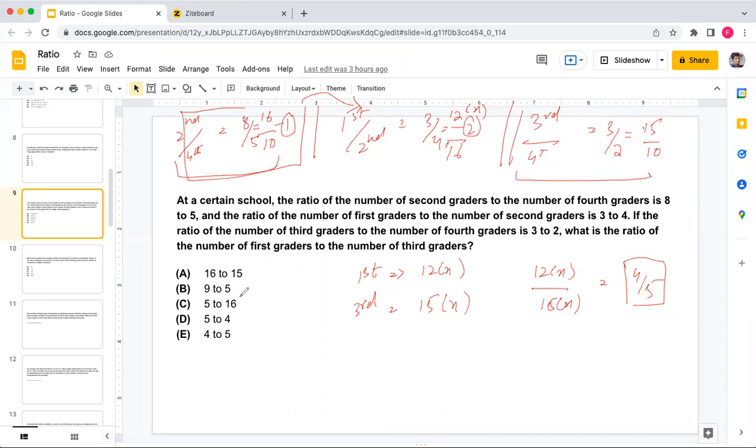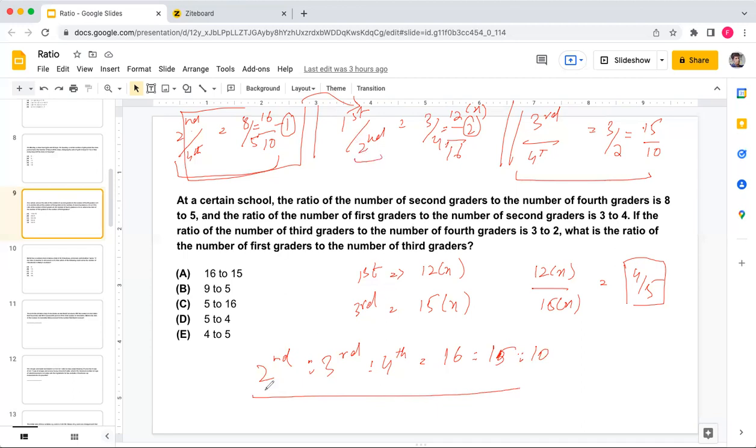Okay, so I can write this as second ratio third ratio fourth. This is 15 ratio 10, right? Now see, I have already combined first and third one. If I have to combine the second one, what is the common thing in both?